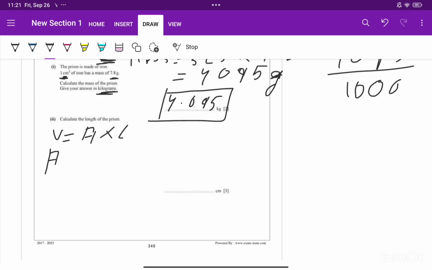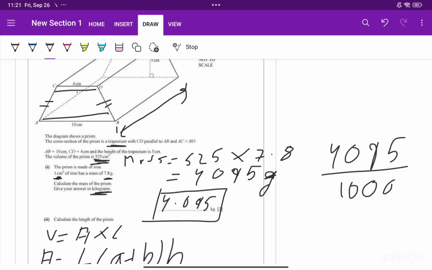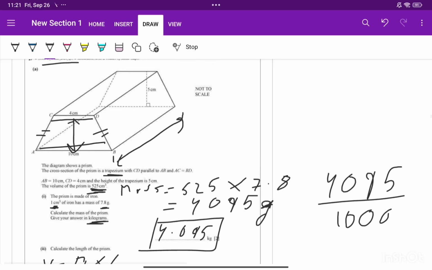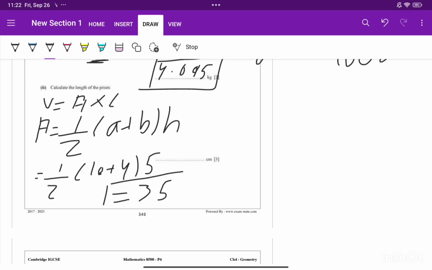So the area of a trapezium is equal to half multiplied by A plus B into H. A and B are these parallel lines, and H is this height, and this height is already given, which is 5 centimeter. So we will write half, 10 plus 4, multiplied by 5, which will give us 35 centimeter square.